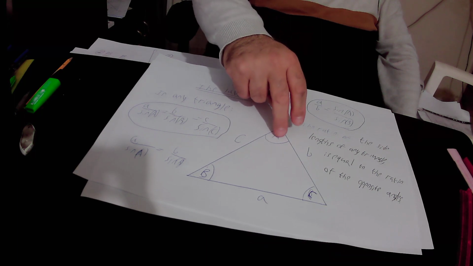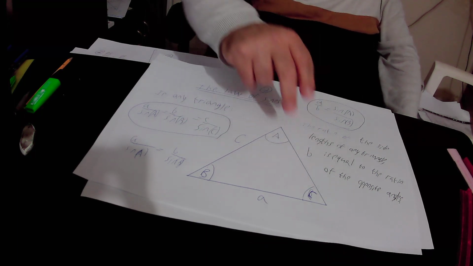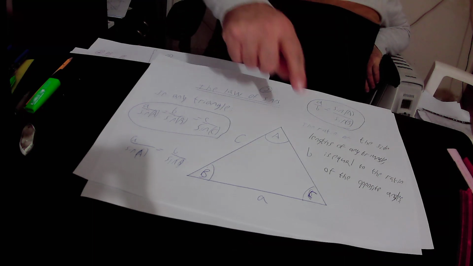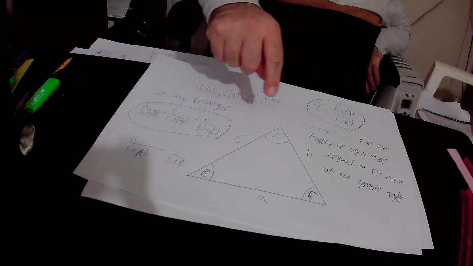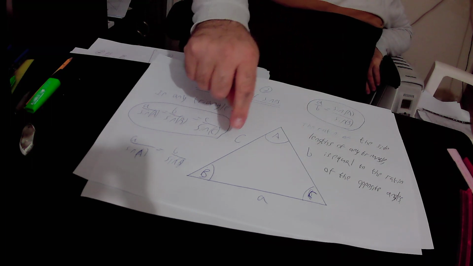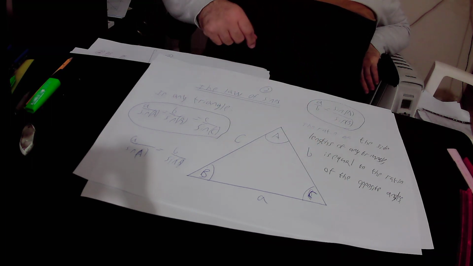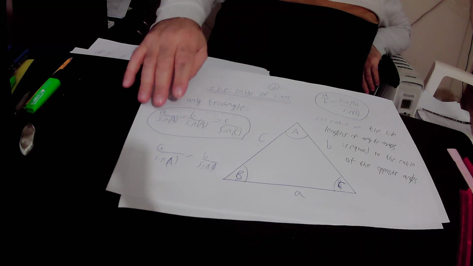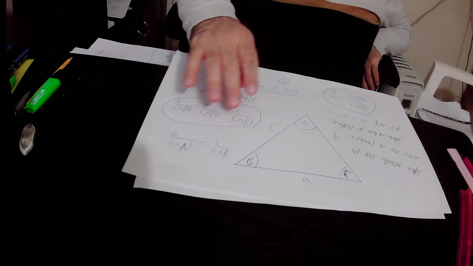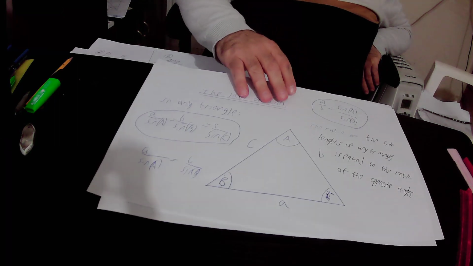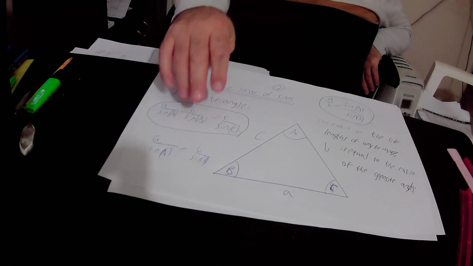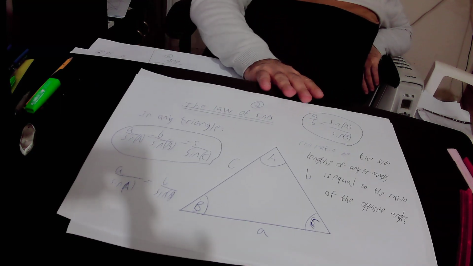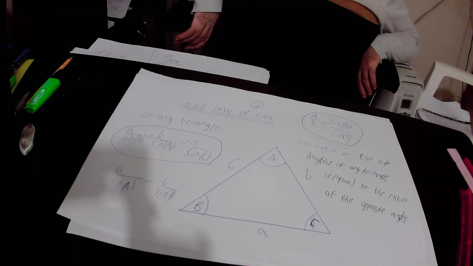We also know that this angle is A, this angle is B, this angle is C. According to the law of sines, A over sine A equals B over sine B equals C over sine C. We can derive from this formula that A over sine A equals B over sine B. If we divide this equation by B and multiply it by sine A, we will get that A over B equals sine A over sine B.